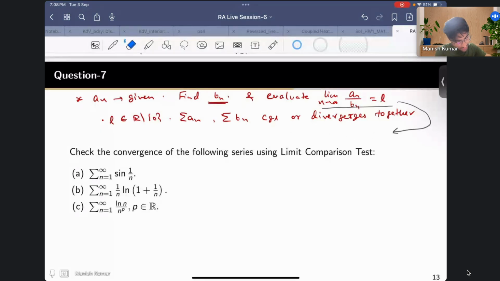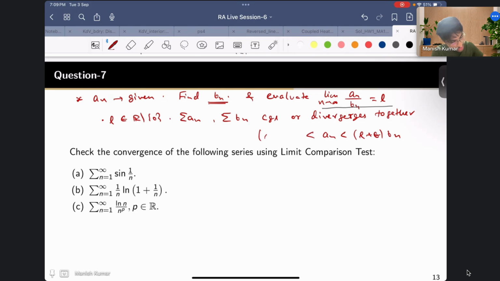In fact it's true in general, but if it's positive you can directly use the comparison test. I will just write that an and bn are positive. Then you have L plus epsilon times bn, and L minus epsilon times bn, right?